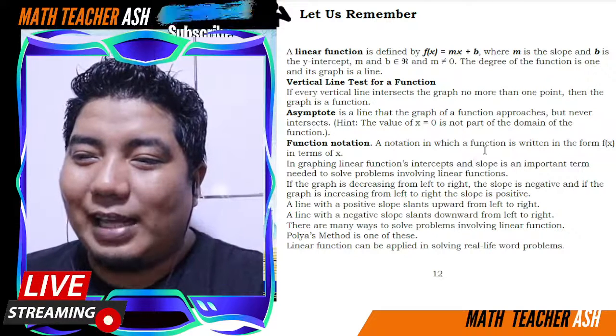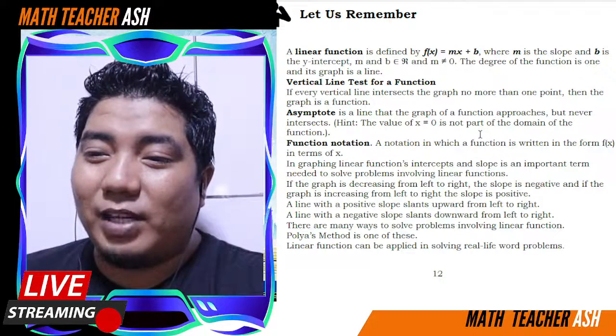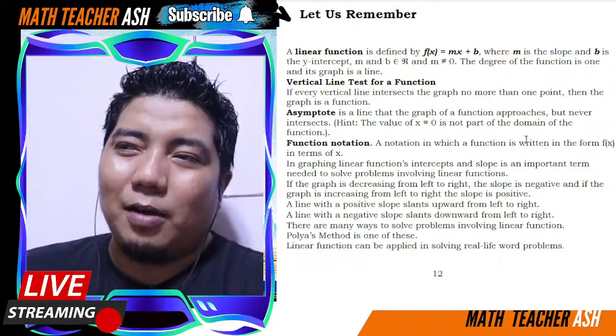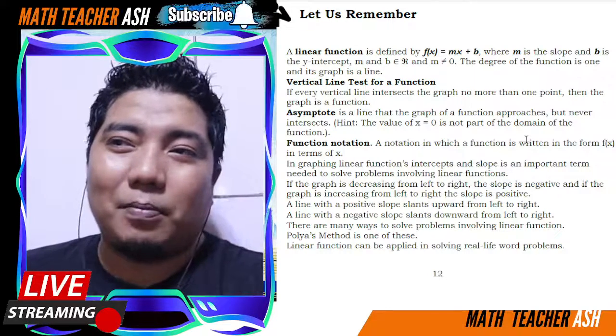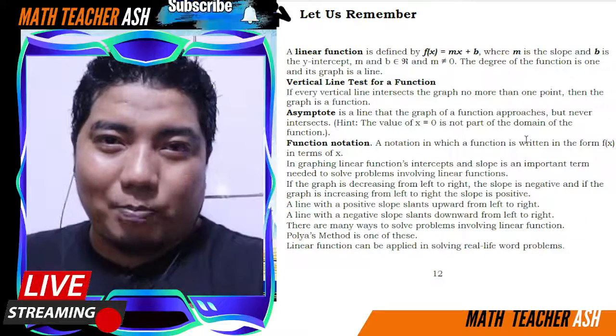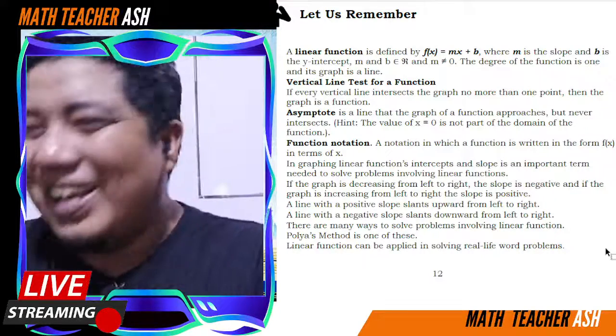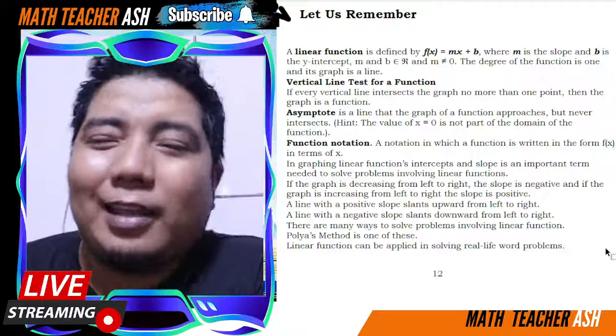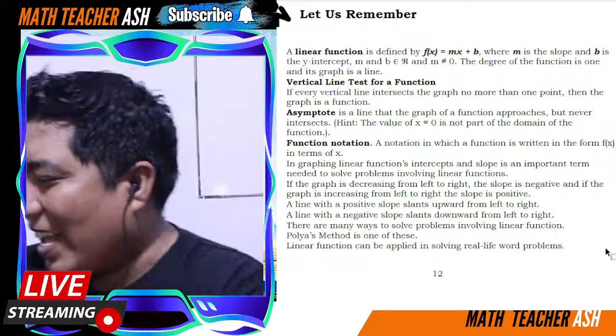Asymptote is a line that the graph of a function approaches but never intersect. Ito yung tinatawag na muntikan na or muntikan pero hindi talaga tinadhana pero hindi pinagtagpo. Yan, okay. Or parang, sinasabi nila, parang crush mo hanggang tingin ka lang. Yan, alright.